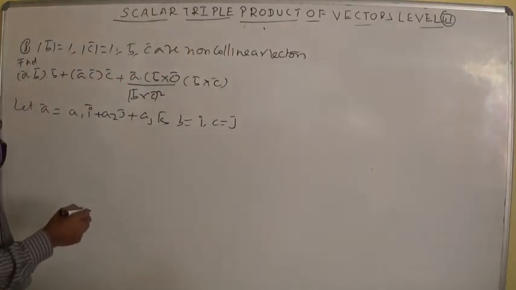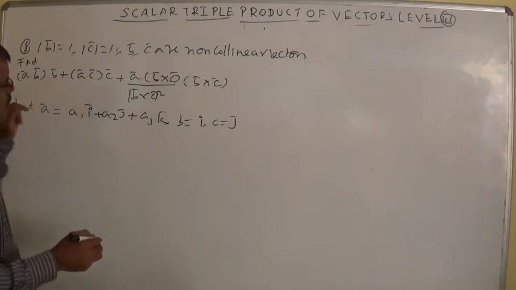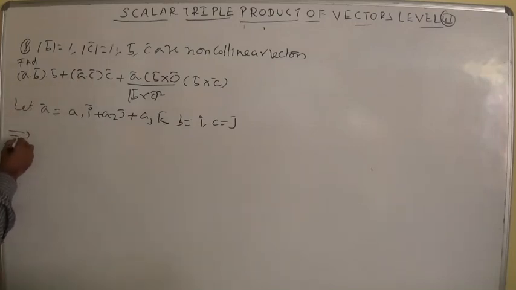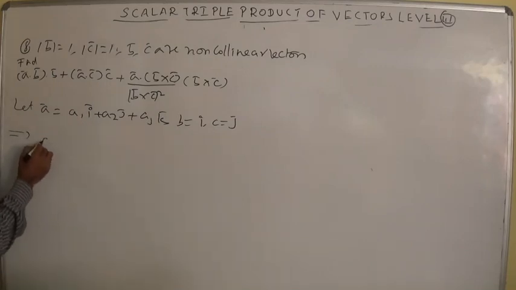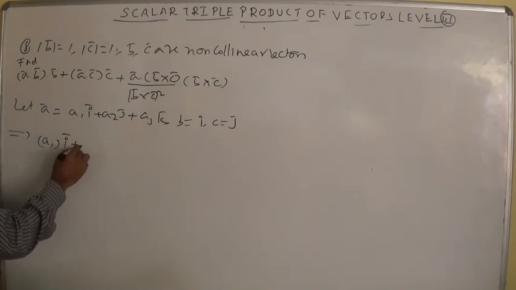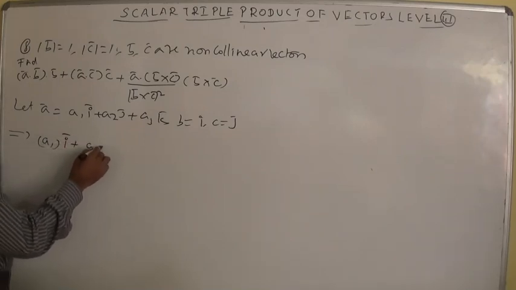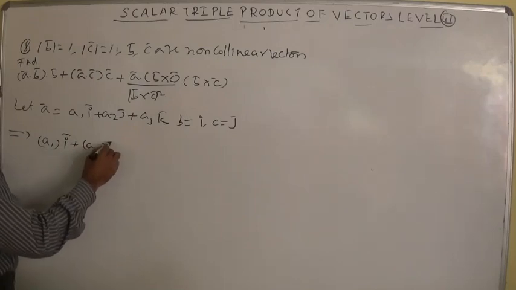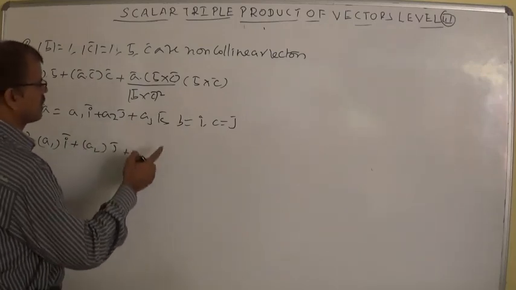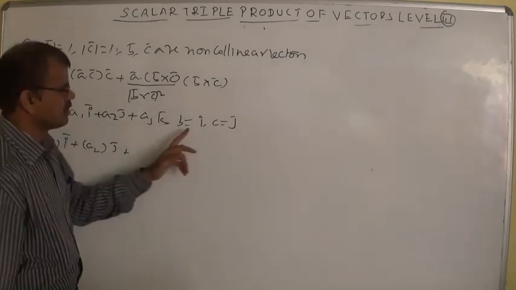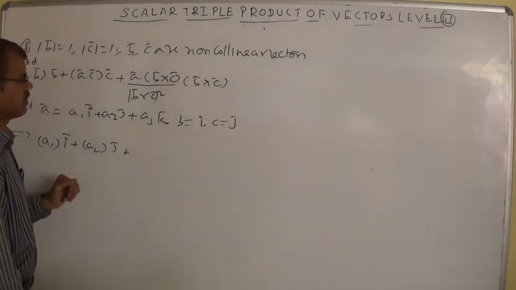Now A bar dot B bar into B bar, I will write here this one. That implies A bar dot B bar gives only A1, into B bar means i, plus A bar dot C bar, this is A2, into C bar, into j, plus box ABC, A dot B cross C. What is the value of B cross C? i cross j, and i cross j becomes k.